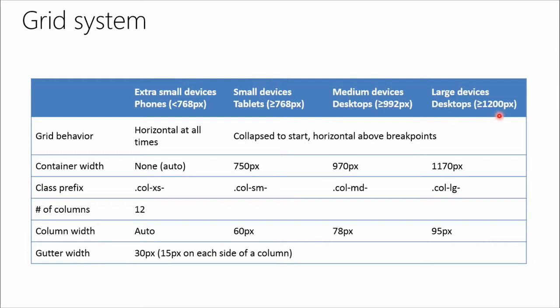If I say for 1200 pixels or greater, then I'm in a large device width, so anything with this class will apply. If I've got a medium device width, which is anything greater than or equal to 992, that's going to include large device width, then I've got medium, col-md.